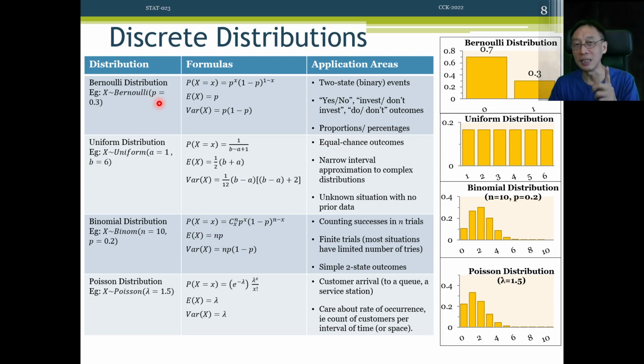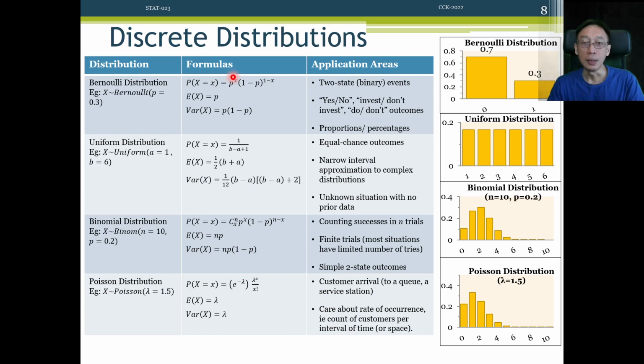So if our success is defined as the baby is male, then P equals 0.48. And we can then draw a chart, right? So 0.48, female is 0.52. So now you can make decisions. If you're making a bet on the gender that is more likely for this particular baby, then you say, I'll bet it's a she, right? So that's because it's 0.52 versus 0.48. So it's just a quick example to show you how we may deploy this Bernoulli distribution.